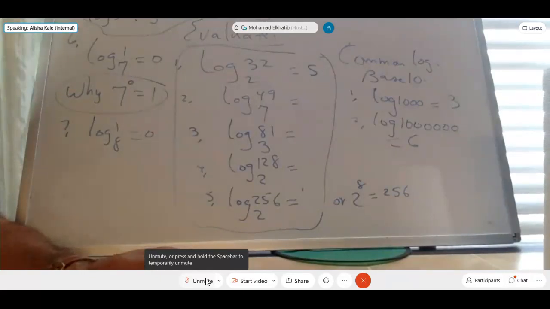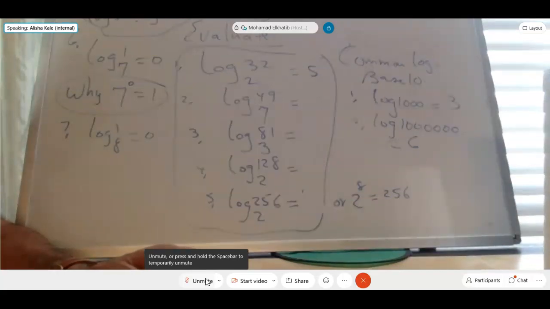What kind of calculator do you have? The one I have on the app. I think it's like the calculator app on your iPhone. Okay, let's do your iPhone. Listen to me carefully.